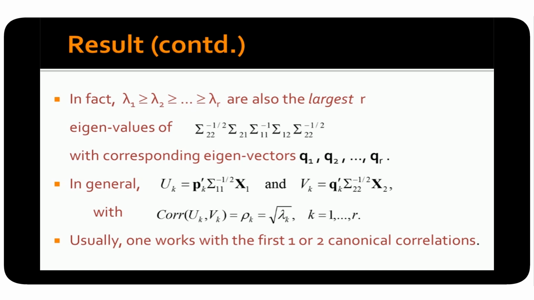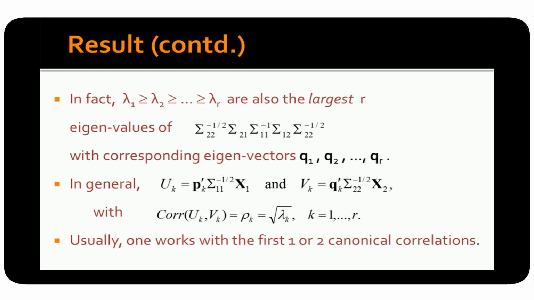This matrix, however, is of dimension S, and S is greater than R. So, it has more eigenvalues than R. It has S eigenvalues, but the largest R of these eigenvalues would be the lambda 1, lambda 2, ..., lambda r we have obtained already. That can be mathematically shown.